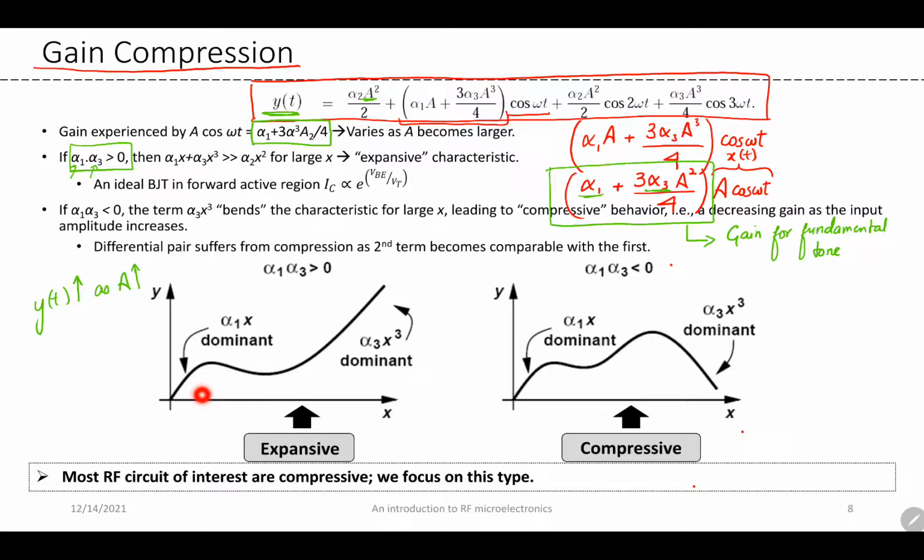Which means that as the amplitude of the signal increases, the output also increases, right?